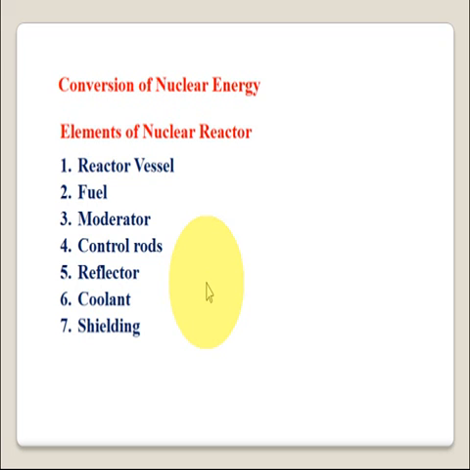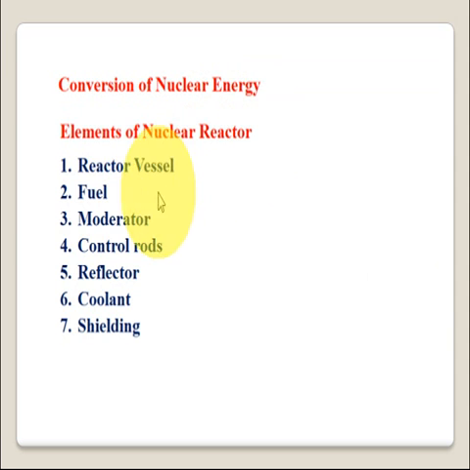So the nuclear reaction in a reactor is controlled by cadmium control rods, which absorb the extra neutrons produced. The nuclear reactor is the critical component of nuclear power plants. Now we'll discuss the components of nuclear reactors.